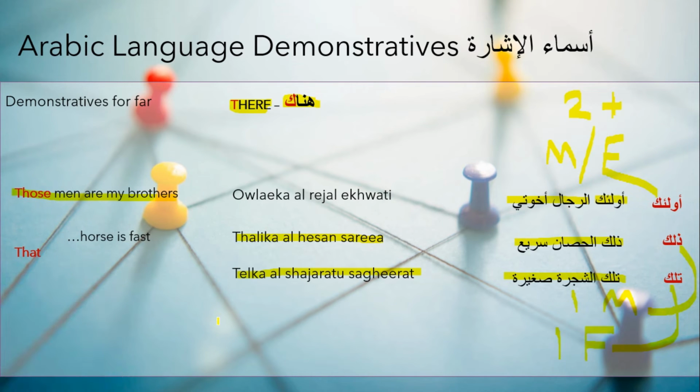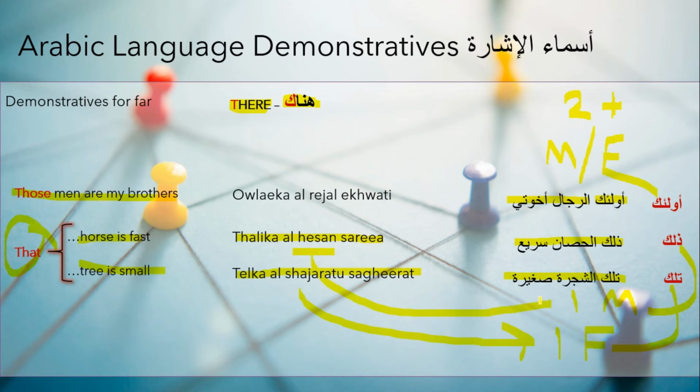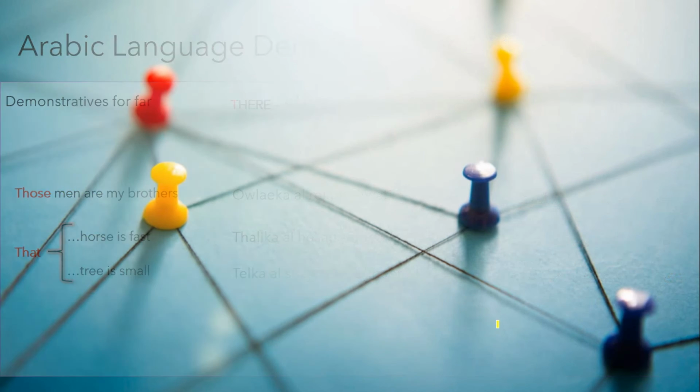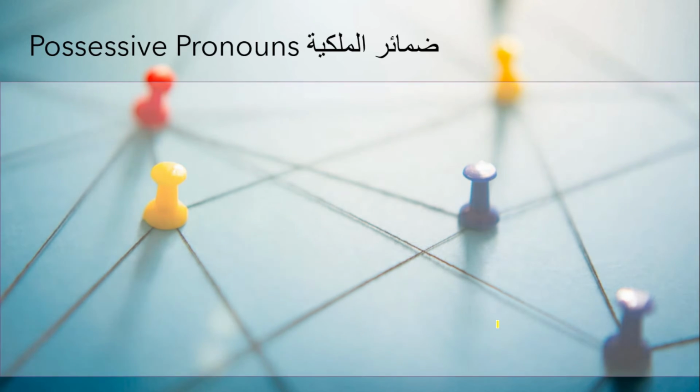Once we say "that" in English, it gives the same meaning and the same idea. So there are three demonstratives that we use for far objects or subjects, which are أولئك, ذلك, and تلك. As we just said, شجرة is feminine, حصان is masculine.